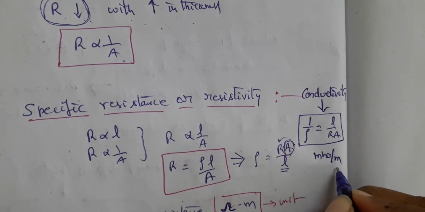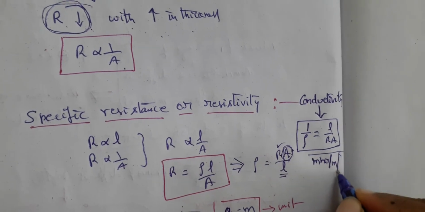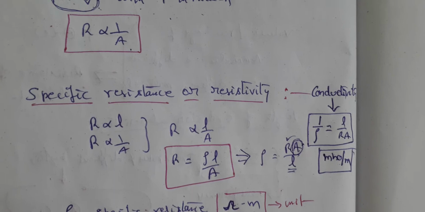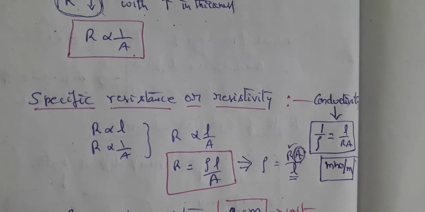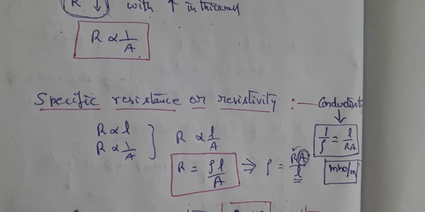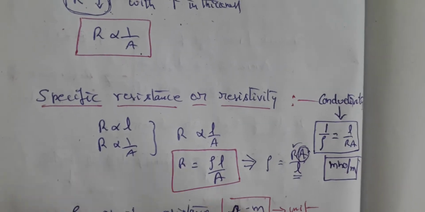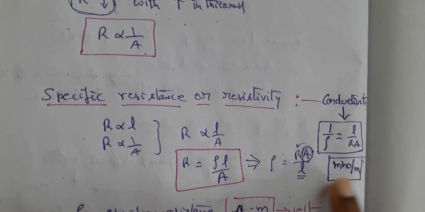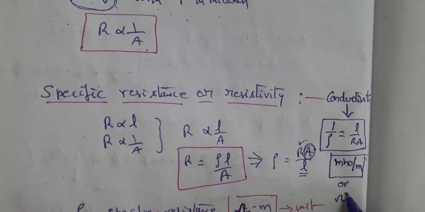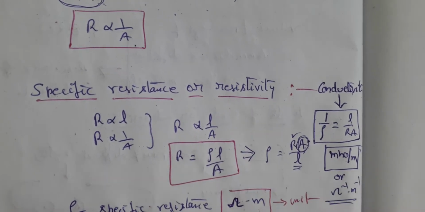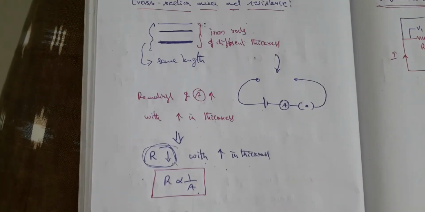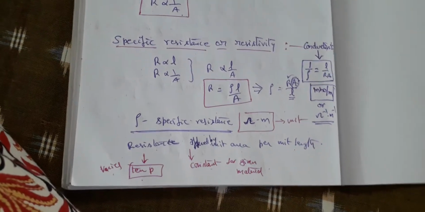This is the unit of conductivity or specific conductance, which is defined as the reciprocal of resistivity or specific resistance. You can also write it as ohm inverse meter inverse. Okay, children? Take the screenshot of specific resistance or resistivity.